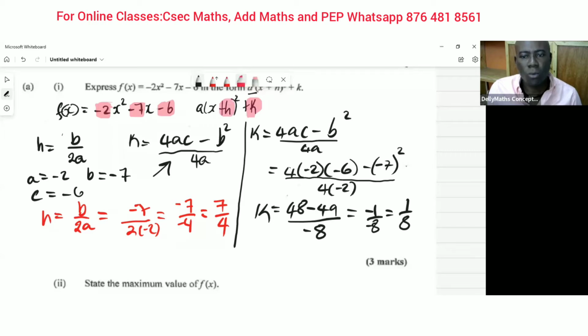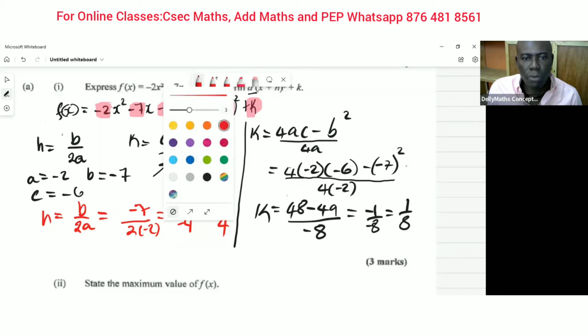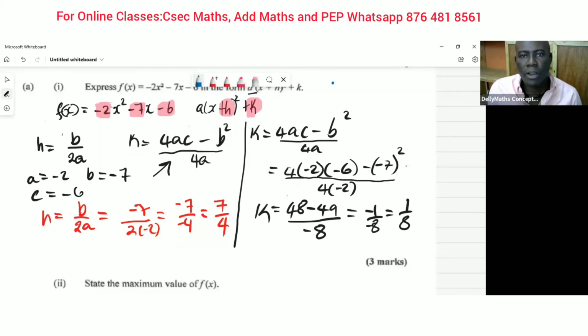To complete the square, we're going to have a outside here, and it is negative 2. So we'll write negative 2, open bracket, x is always there, and then we have the h value here, which is plus 7/4.